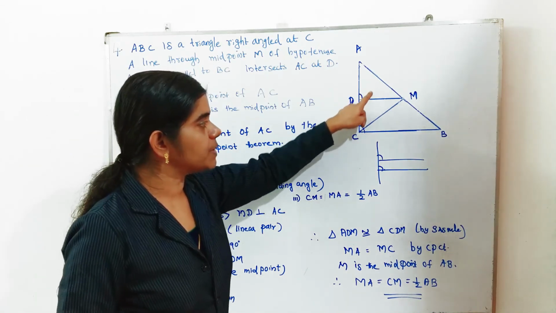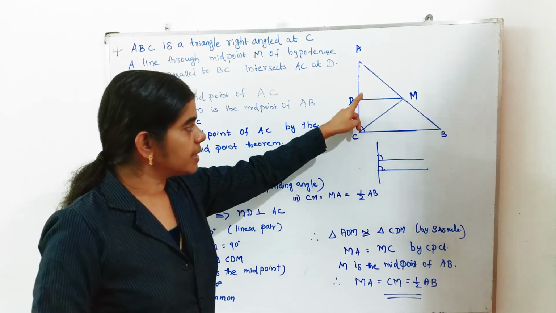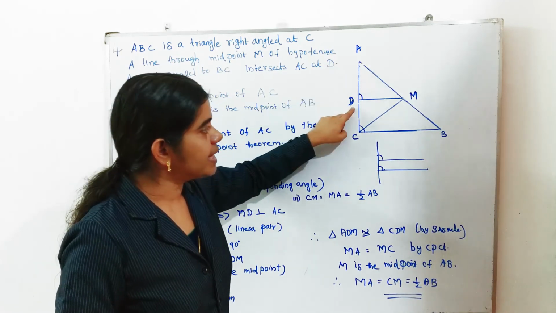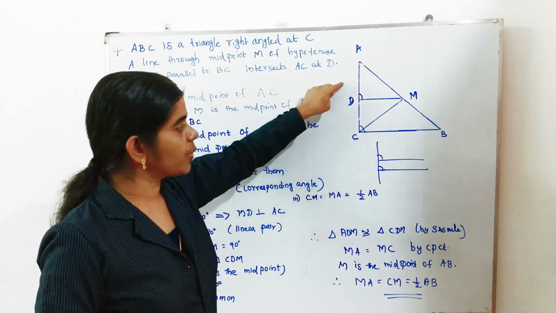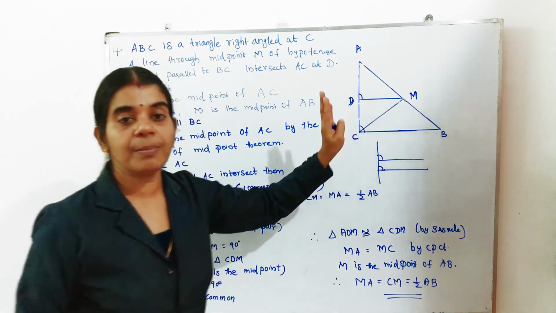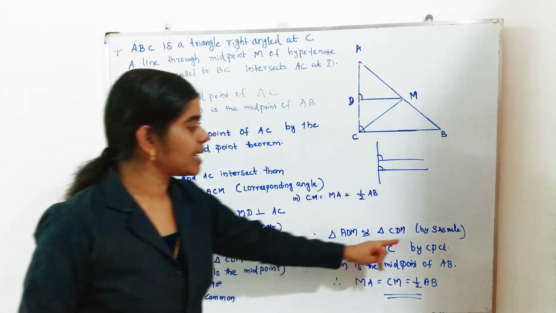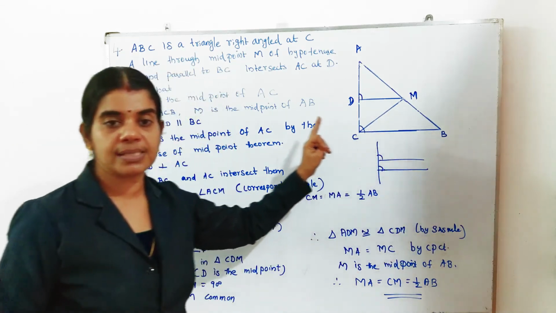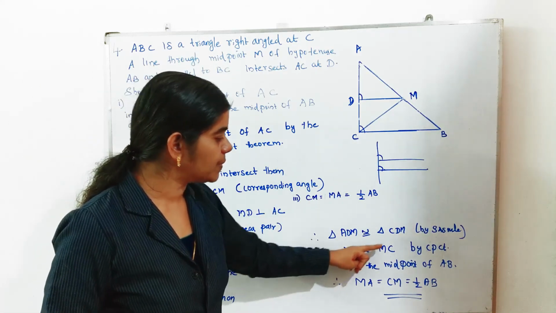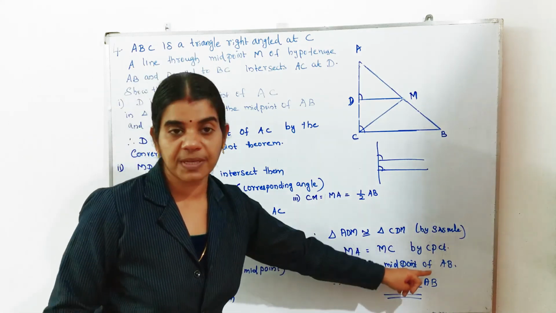Next we prove these two triangles are congruent. These two angles are 90 degrees and D is the midpoint of AC, so AD is equal to CD. Then DM is equal to DM, the common side. By SAS rule, these two triangles are congruent. By CPCT we can write AM is equal to CM.